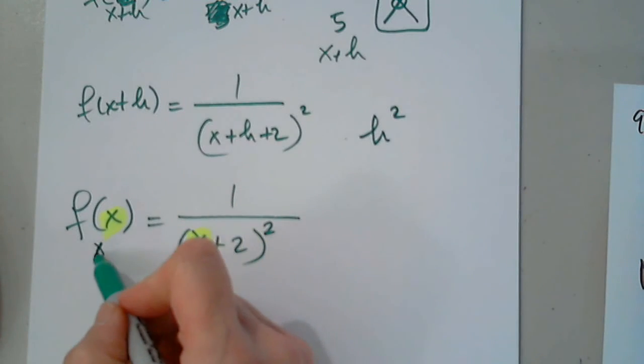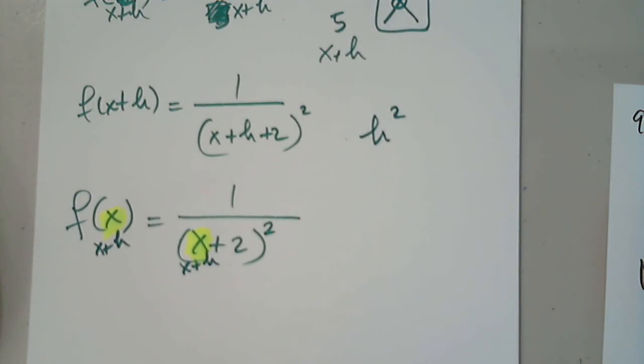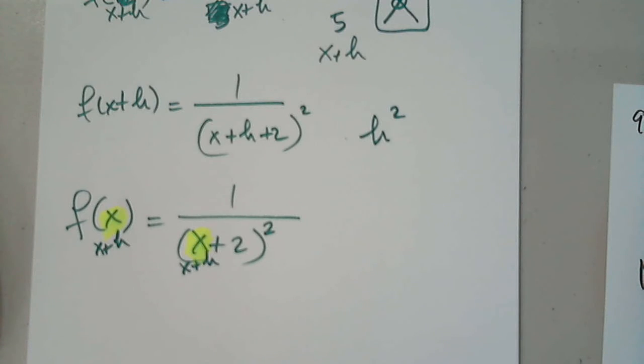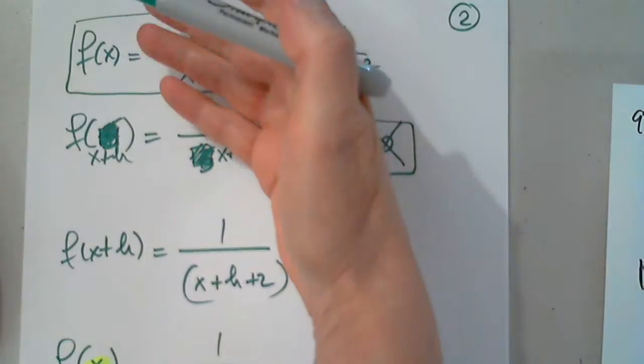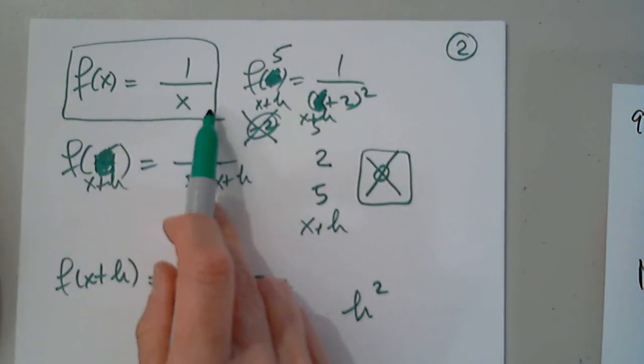So this is x plus h. I was not plugging it in the other way, I was not plugging the f of x into that formula. I'm putting the x plus h in as the x. That's why I'm explaining how to look at a function.